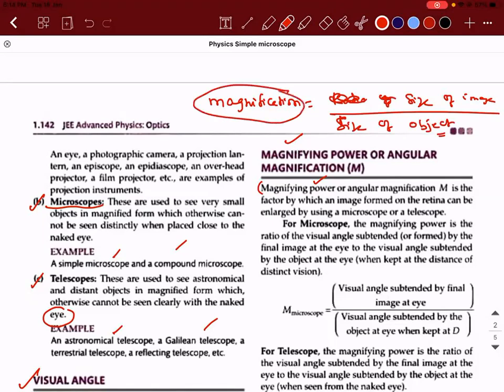But this magnification is what we call linear magnification. But what are we trying to talk about in this context? Magnifying power also has another name, called angular magnification. So what does angular magnification mean?